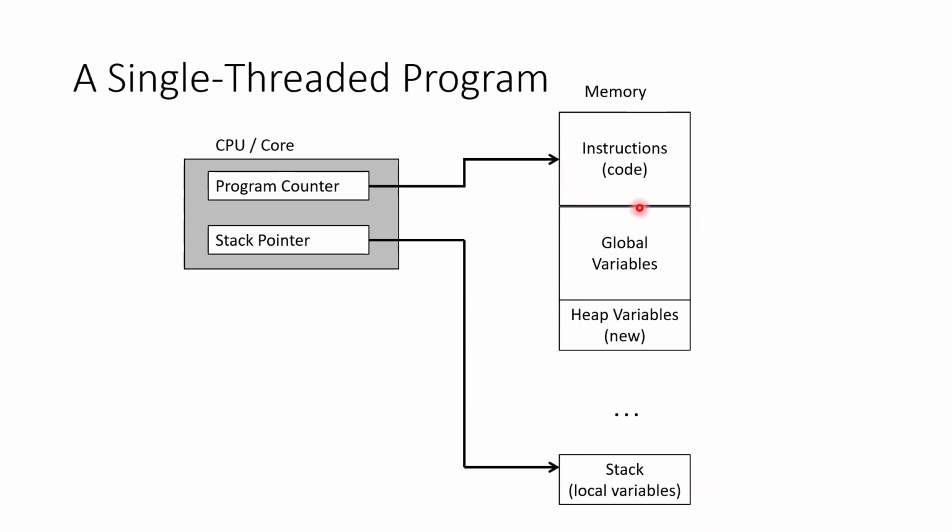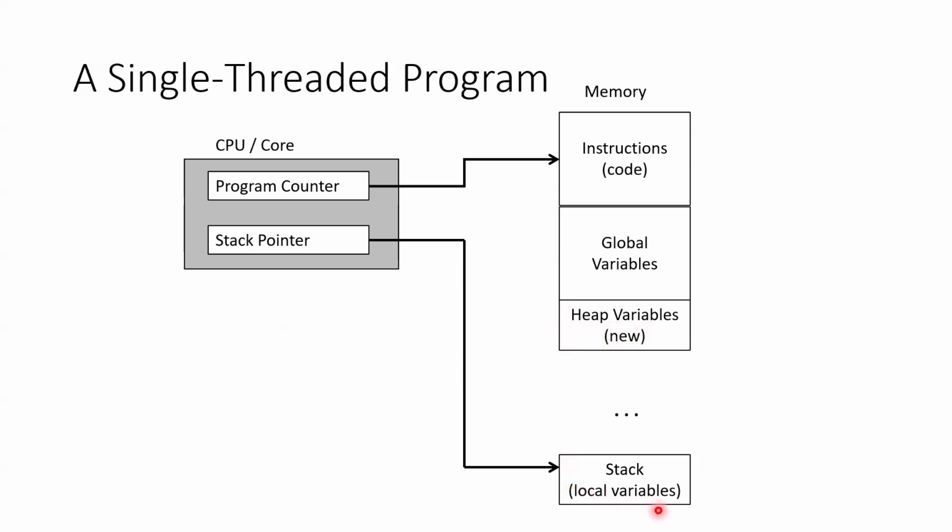Instructions are always at the beginning. Then the global variables are allocated. Then we have the heap variables, the new, which dynamically grows downwards. These are all of the variables that are allocated using new.